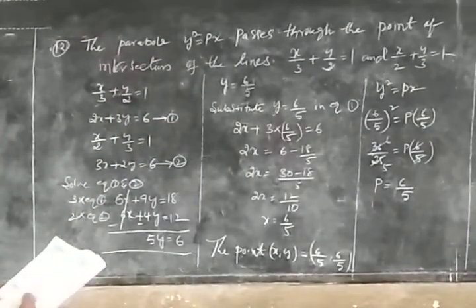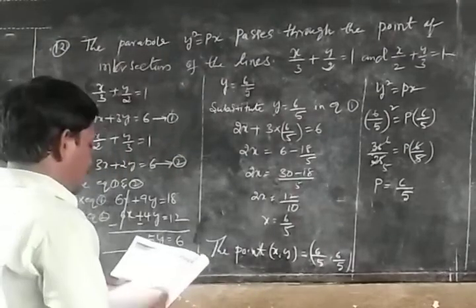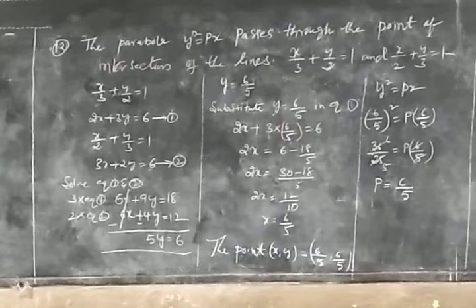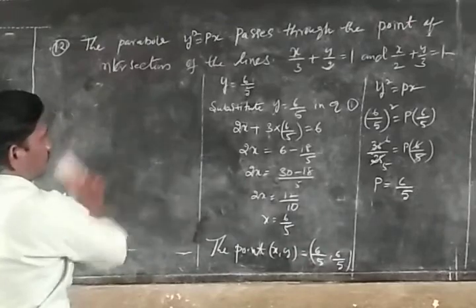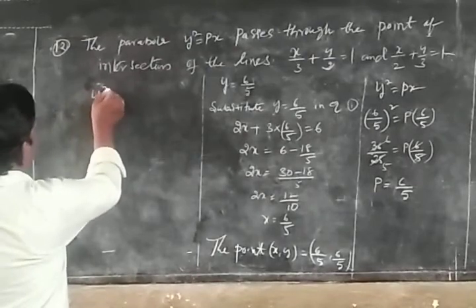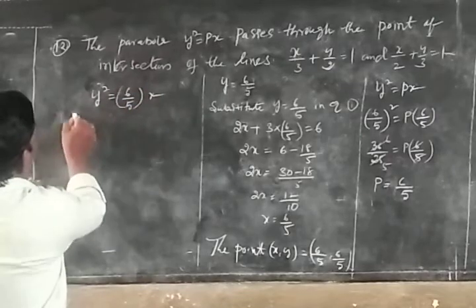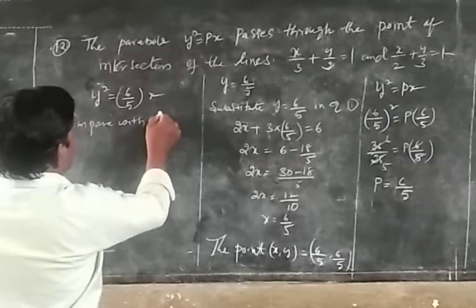What is asked in the problem? Its focus. We have to find the focus. Now y square equal to px, with the p value 6 by 5 x. Compare with y square is equal to 4ax.